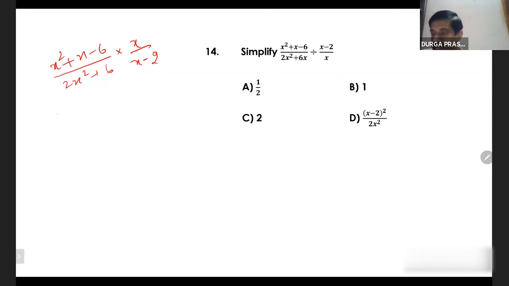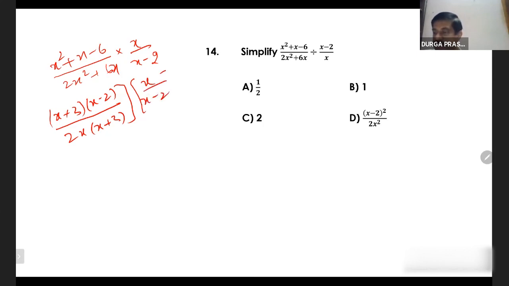So this can be written as x plus 3 into x minus 2 by 2x, if you take common, you'll get x plus 3 into x by x minus 2. So x plus 3 cancels x plus 3, x minus 2 cancels x minus 2, x gets cancelled, this is half. So option A.